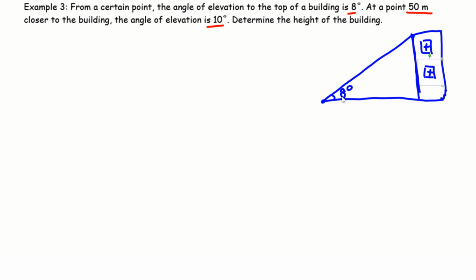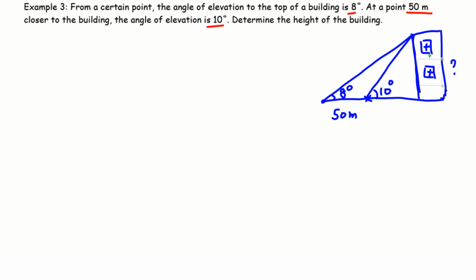This angle we call the angle of elevation is 8 degrees. Then walk 50 meters closer to the building and look up again. The angle of elevation to the top of the building is 10 degrees. It asks you to solve for the height of the building.